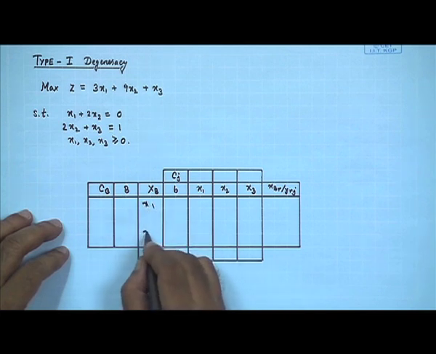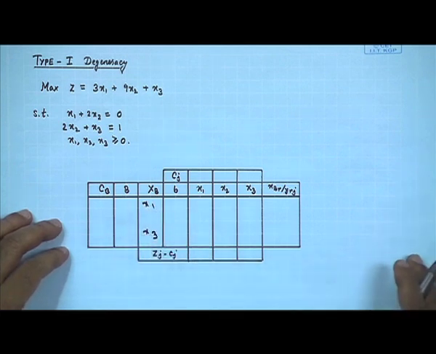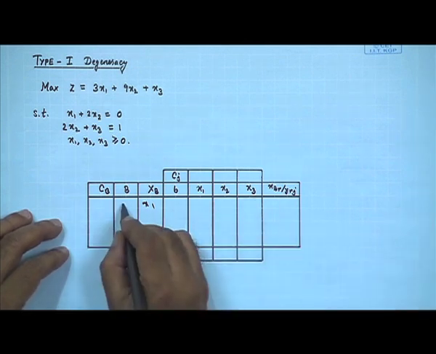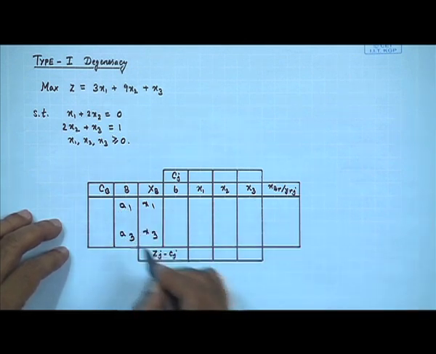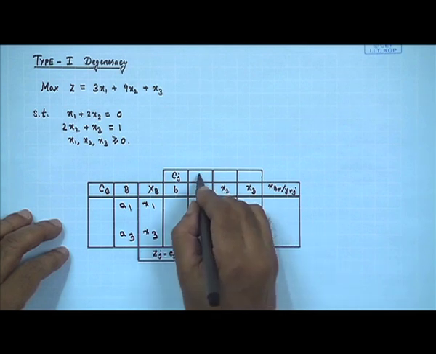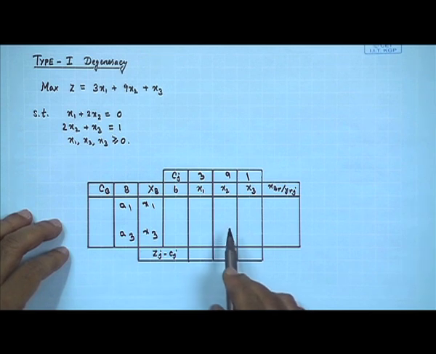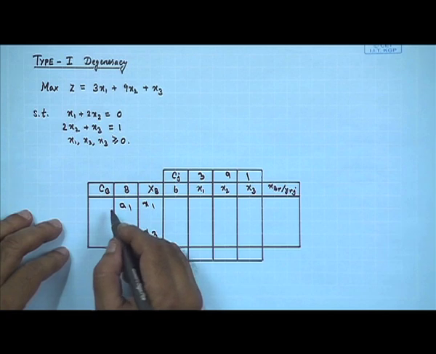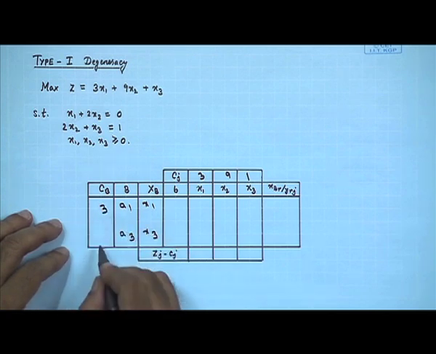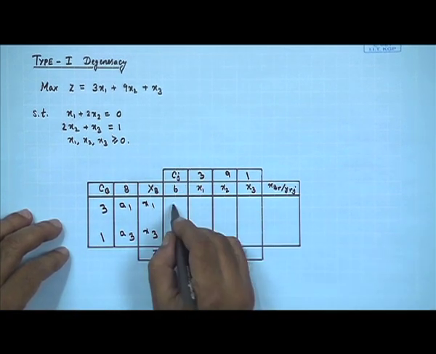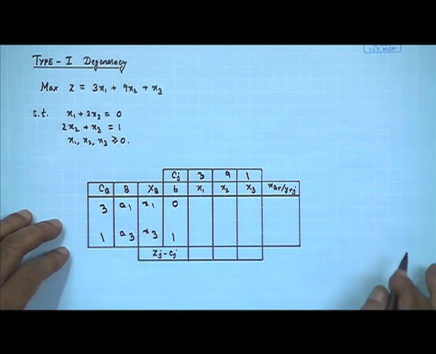So, I am writing here x1 and x3. So, therefore, this will be a1 and a3, values are 3, 9 and 1, coefficients of x1, x2 and x3 are this. So, here it will be 3 and a3 is 1, b value is 0 1.